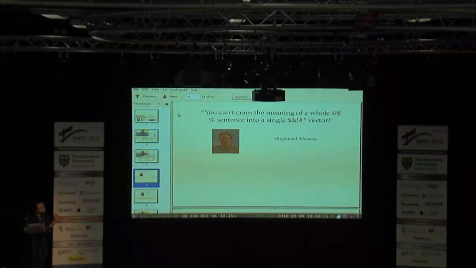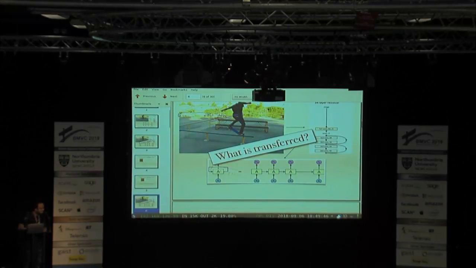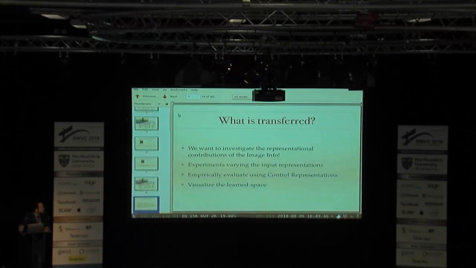If we represent a sentence using a vector, we are frowned upon. Raymond Mooney from UT Austin says you can't cram the meaning of the whole sentence into a single vector. If that's true, and we know that a picture probably speaks 1,000 words, in the sense that an image is richer, can we represent that by a single vector? That's the question that we really focus on.